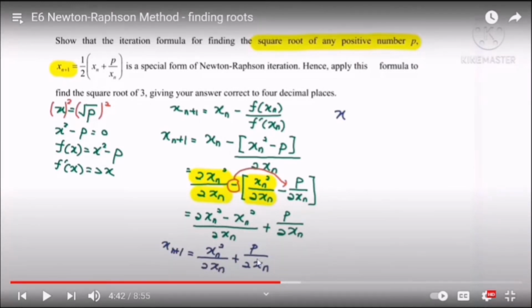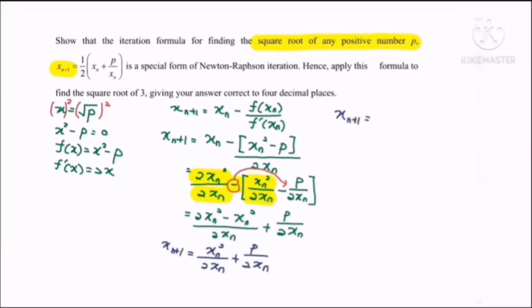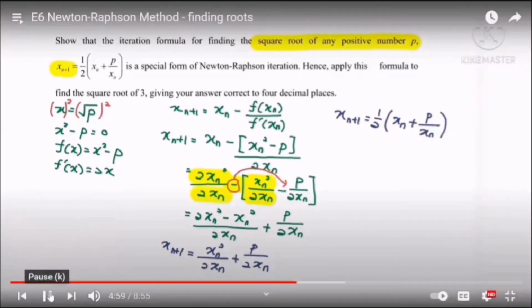Ini pun saya ringkaskan. Kemudian, soalan kata show kan. So, saya perlu buat sesuatu. x sub n plus 1 is equals to, simplify the situation and we will have 1 over 2 bracket. We have x sub n plus with the p over x sub n.